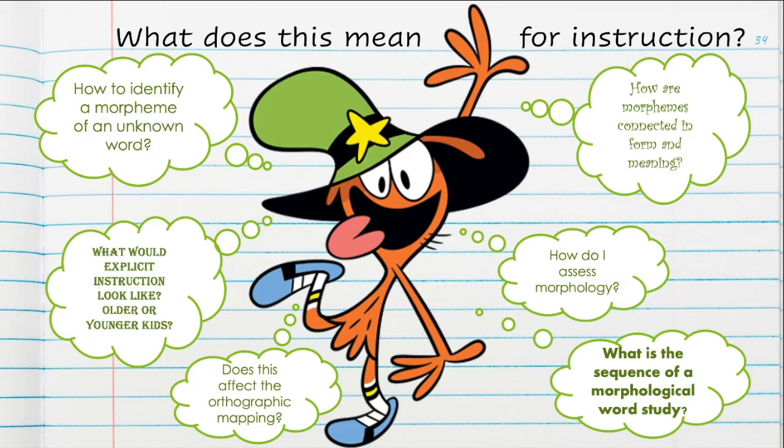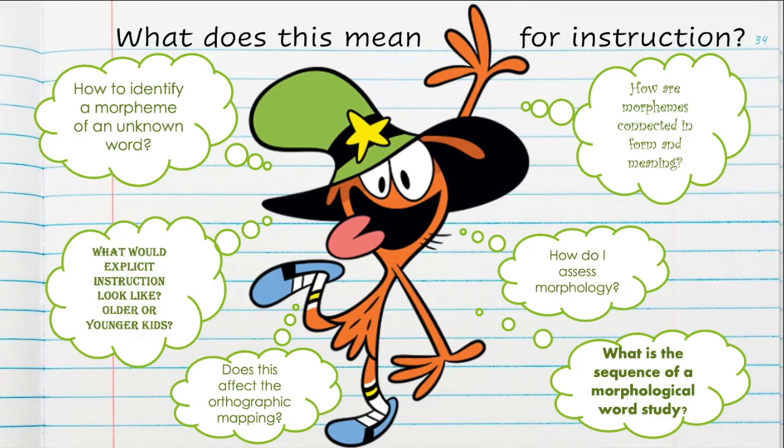Check out the etymology, get familiar with how the structure is, so that way you can answer some of these concerns as you're working. A little bit more preparation on our part as an educator, but it's going to pay its weight in benefits at the end. So we need to be able to identify a morpheme in an unknown word. We need to look at how our explicit instruction would be different for older kids as well as younger kids.